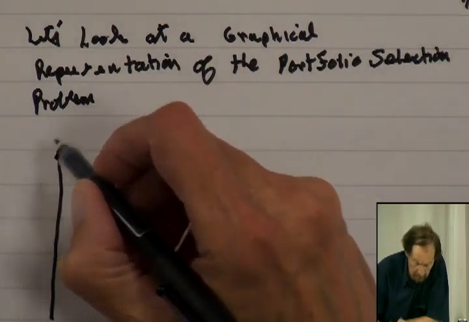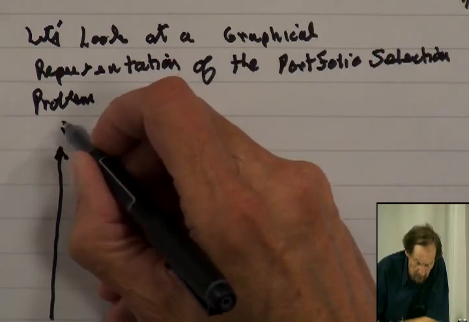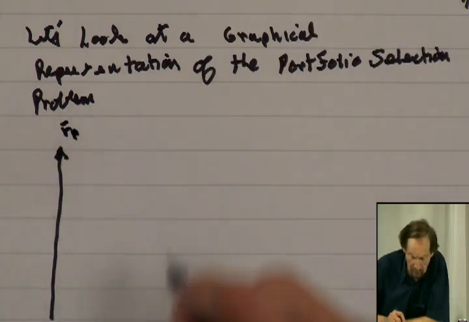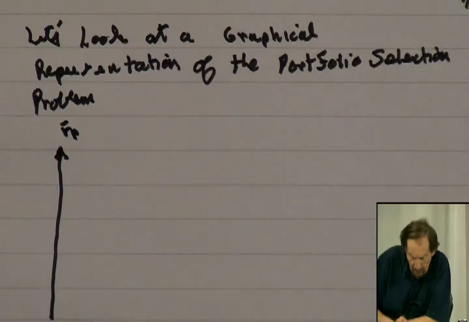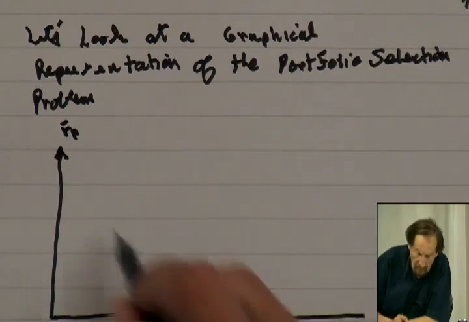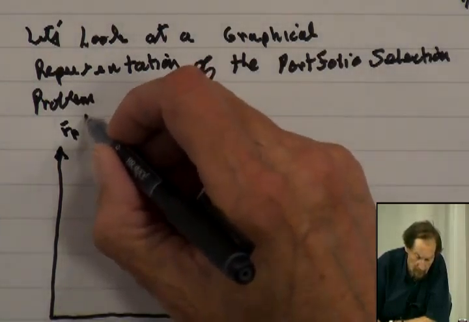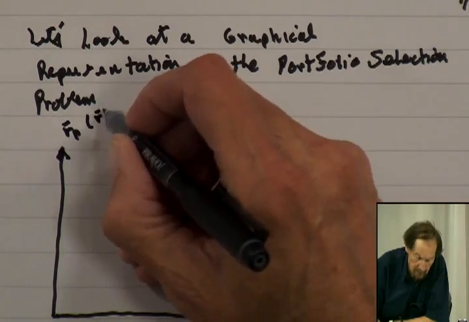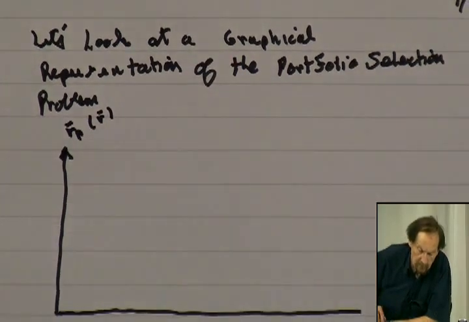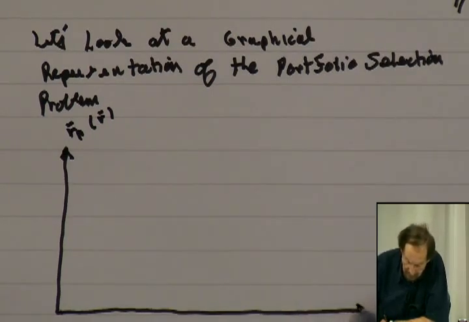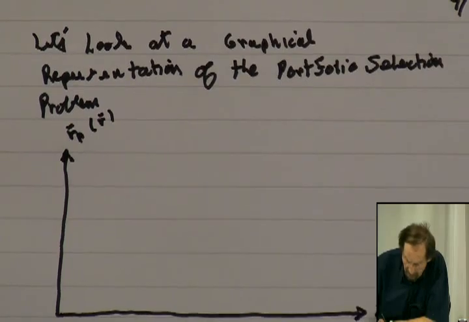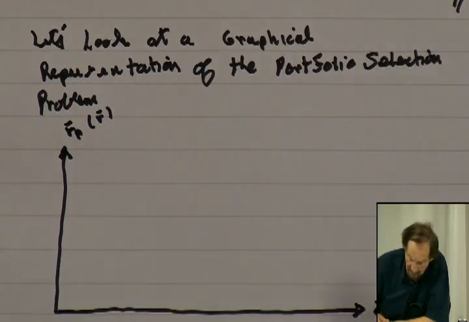On the vertical axis, we're going to look at the portfolio expected rate of return. Now, we could also just have, instead of a portfolio rate of return, the expected rate of return of some stock or asset. Likewise, on this one, we're going to look at the risk as measured by the standard deviation here.